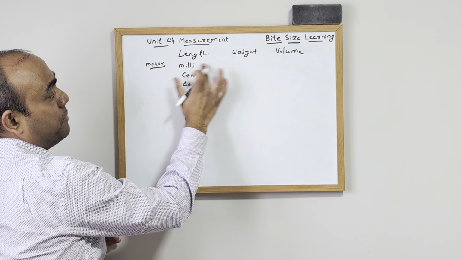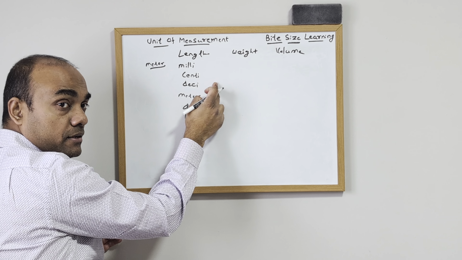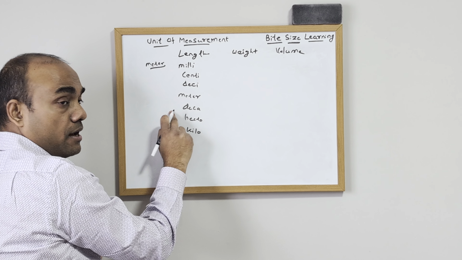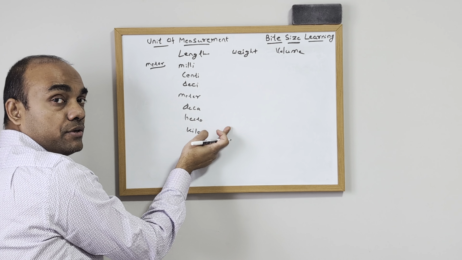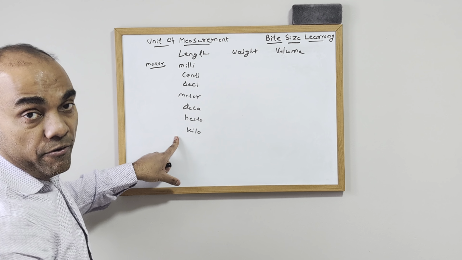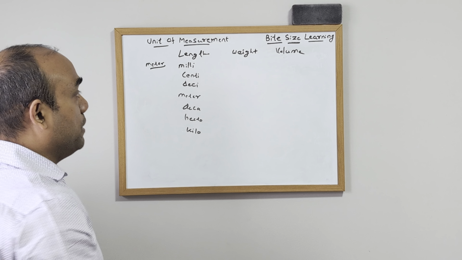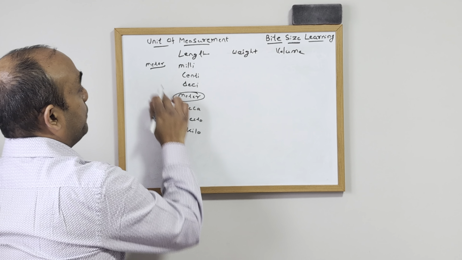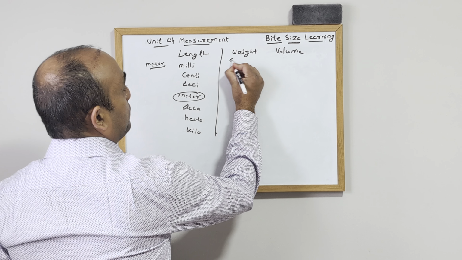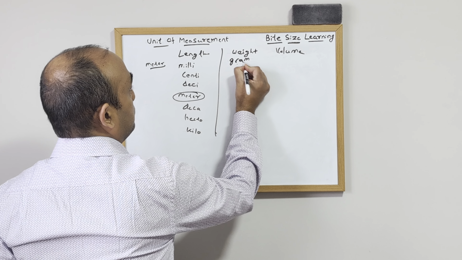So it's millimeter, centimeter, decimeter, meter, decameter, hectometer, kilometer, right? So this is the basic prefix of any unit of measurement, and you add a meter when you're talking about the length, right? Now when you talk about the weight, you add gram.